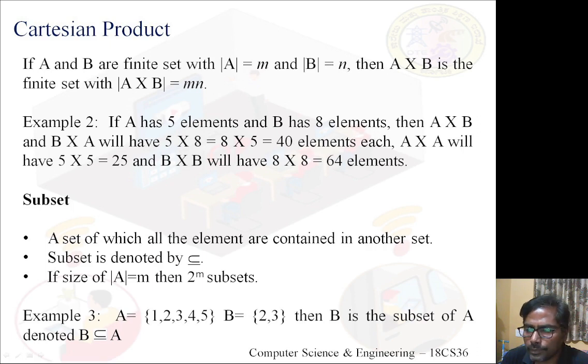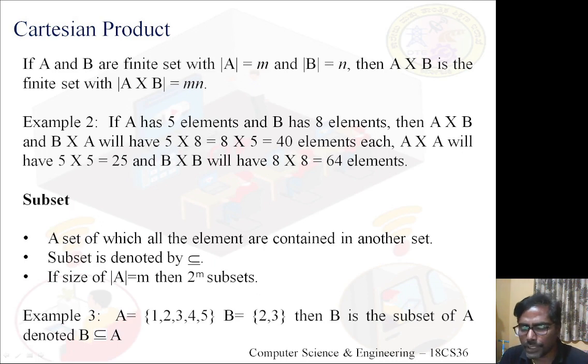One more thing you need to know: if A is any set and its size is m, then the number of subsets that are possible is 2 power m.